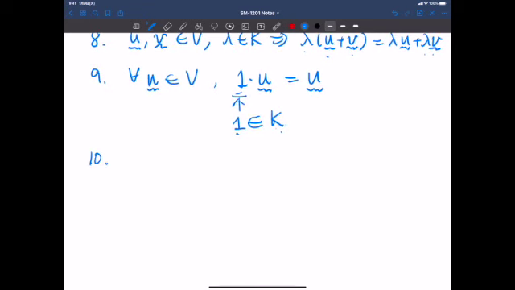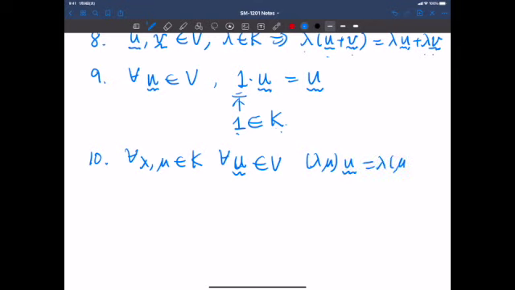And 10, this is the last. For all lambda, mu, which are scalars, and for all vectors u, we have lambda mu times u is lambda times mu u.